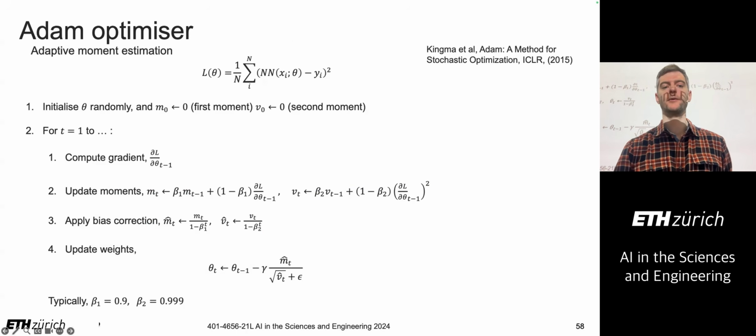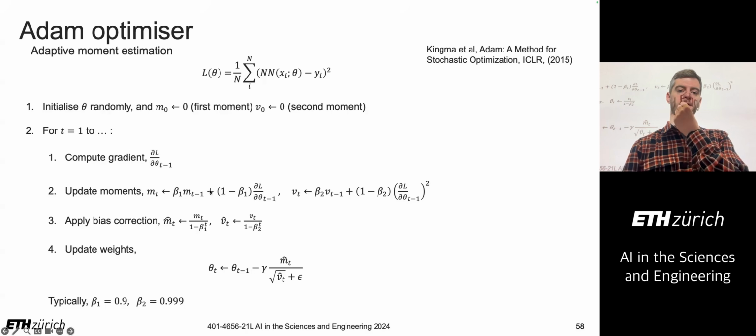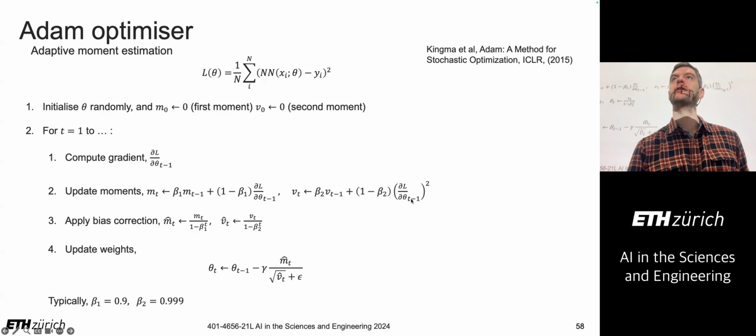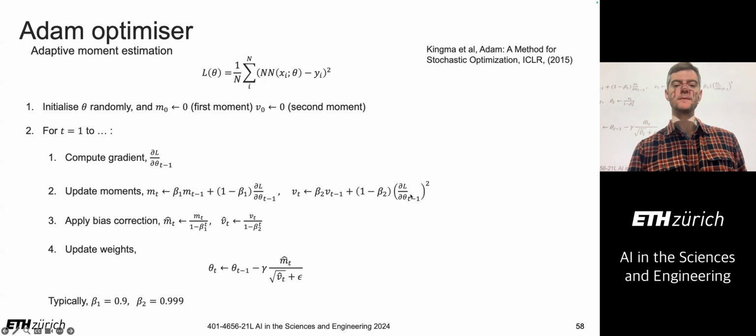Again, you're estimating the gradient in a loop. But to estimate the direction that you're stepping in, you first compute the gradient of the loss function. Then what you do is you estimate these things called the moments. And so what these two quantities are is essentially keeping a running average of the gradient as a function of training step here, and a running average of the magnitude of the gradient, so the gradient squared here, for each parameter.